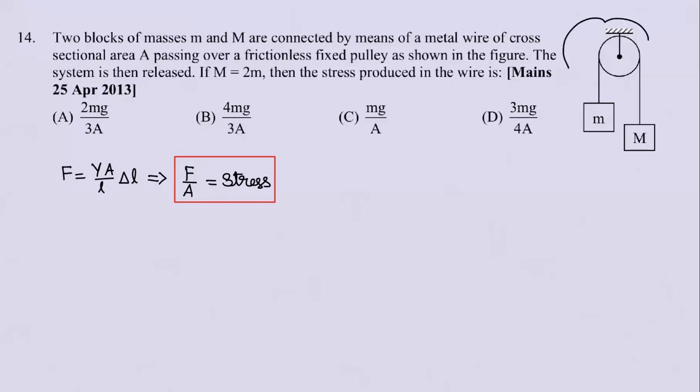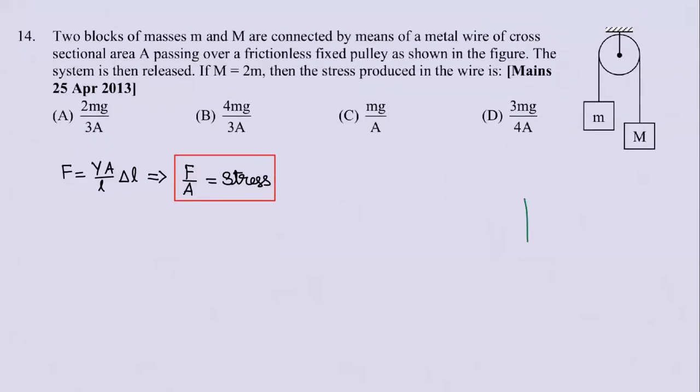After that, everything is mechanics. You have to find the tension in it, right? Standard stuff. Quickly I'll find it by using a free body diagram. Downward is small mg, and the other one downward will be capital Mg, and capital M is 2m. Directly we can use it.